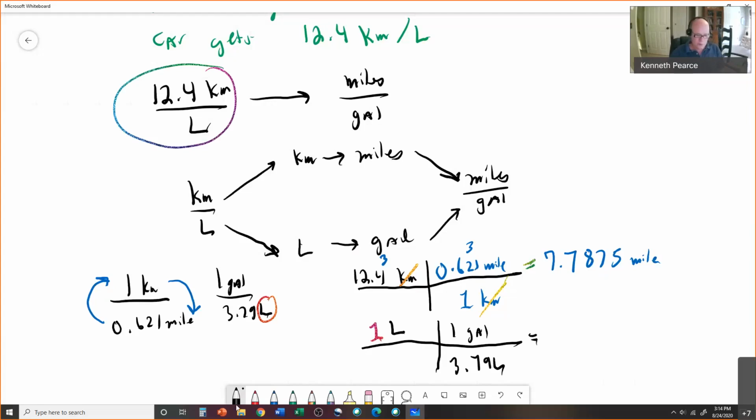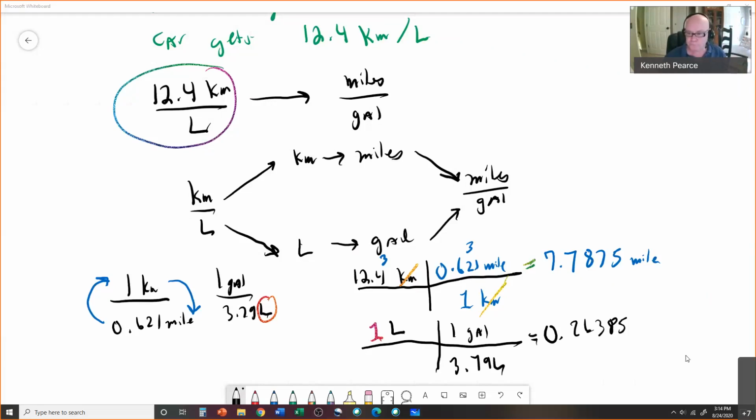We say 1 divided by 3.79, and that is 0.26, and we'll carry a couple extra digits, 0.26385. I would say carry at least one more beyond your sig fig. So 4 or 5 digits is good if you're going for 3 sig figs.